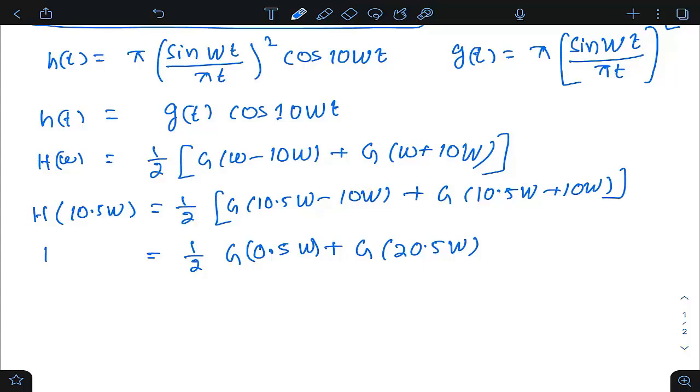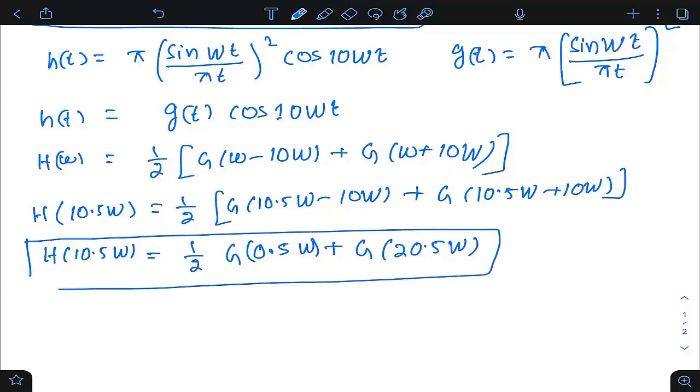This is nothing but your H of 10.5W. The ultimate thing left for us is to get the Fourier transform G(ω), and substitute 0.5W and 20.5W. That will give my answer.